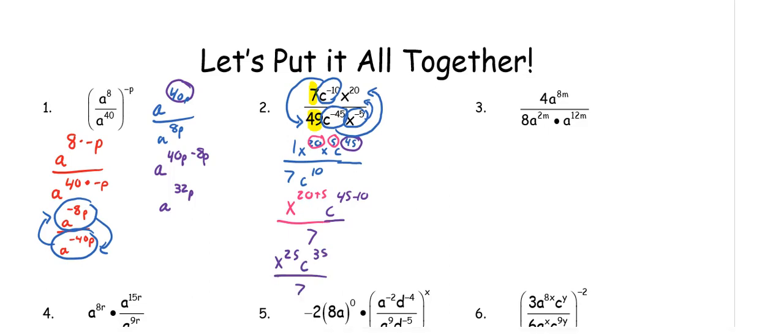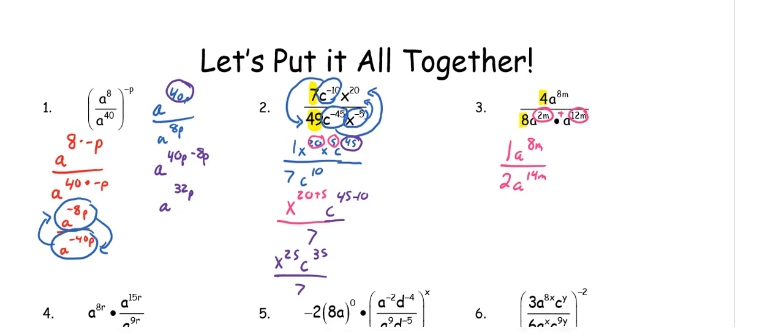Number 4, before I can subtract my exponents, I notice that I have bases in the denominator that can be added together first. We also have the numbers 4 and 8, which can be reduced. So when we reduce those, we have 1a to the 8m over 2 a to the 14m, because I'm going to add those exponents together of 2 and 12.